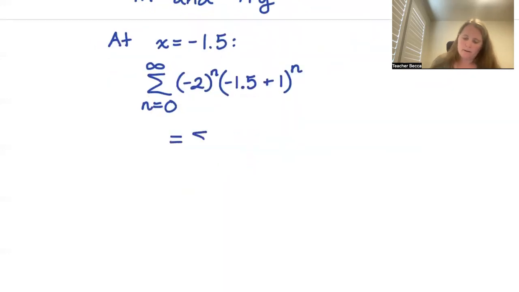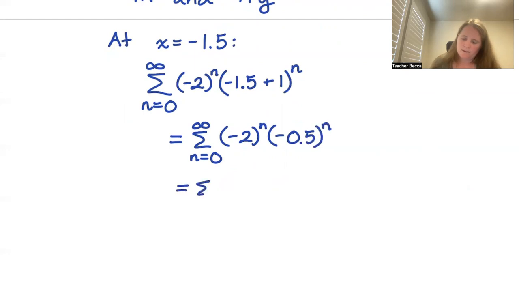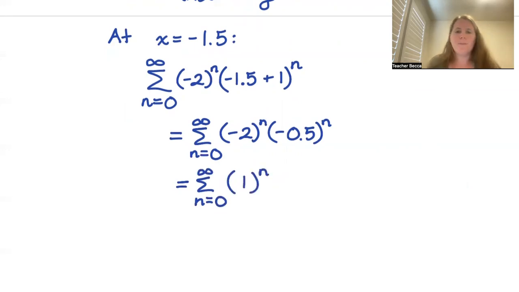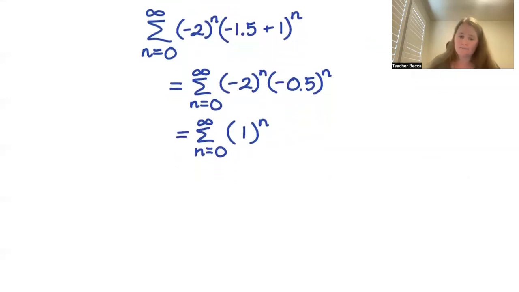So this is the sum from n equals 0 to infinity of -2 to the n times -0.5 to the n, which is just the sum from n equals 0 to infinity of 1 raised to the nth power, which definitely diverges.